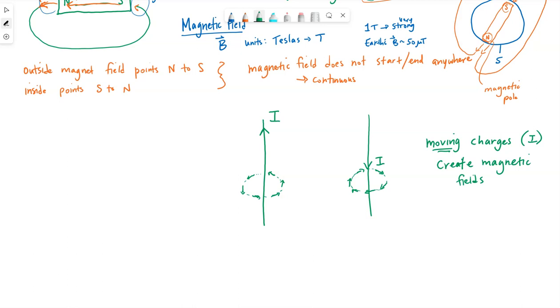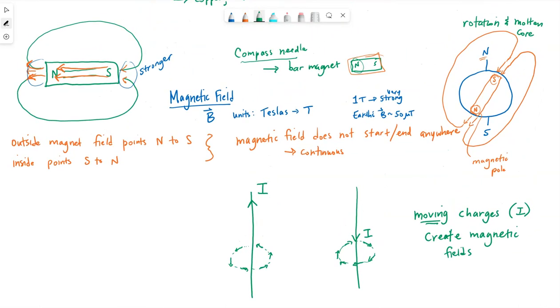So when we talk about the Earth, as I mentioned before, it is believed that it's the combination of the Earth's rotation and its molten core that is responsible for the Earth's magnetic field. Now, Earth's magnetic field is more complicated than that because physical geological evidence shows that the Earth's magnetic field has flip-flopped, has changed direction over time.